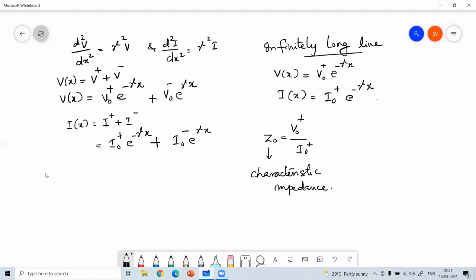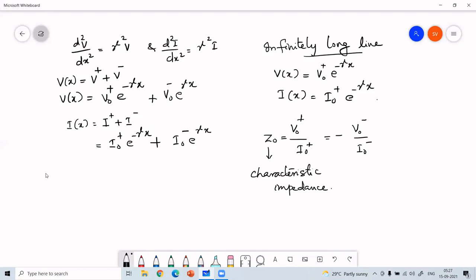So characteristic impedance is the ratio of voltage and current at any point on an infinitely long transmission line, which can also be written as minus of the reflected voltage divided by the reflected current, that is V0 minus divided by I0 minus.